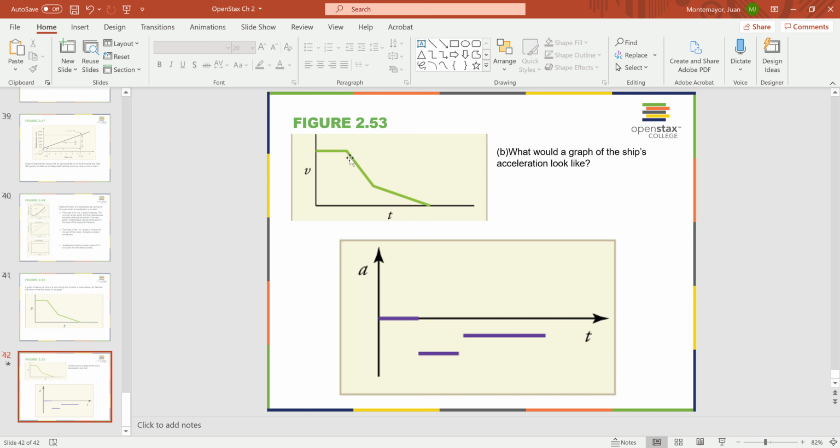For this portion here, we were decelerating at a constant rate, so that's why it's horizontal here, but the magnitude of a was a little bit greater. And for this portion here, we were decelerating as well, but at a slower rate. So we can say it was decelerating at about -1 meters per second squared, and we can say this is -2 meters per second squared. But the point is to know exactly where each segment between the velocity versus t and your acceleration versus t graphs would fall.